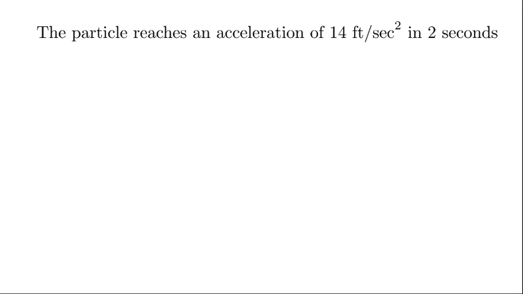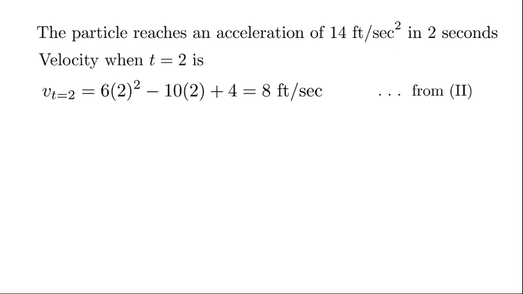The particle reaches an acceleration of 14 feet per second square in 2 seconds. So at this time, we are asked to find the velocity and the displacement. Velocity when t equal to 2, v of 2, is 6 times 2 square minus 10 times 2 plus 4 equal to 8 feet per second. That is from equation 2.